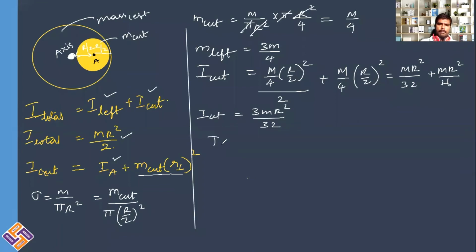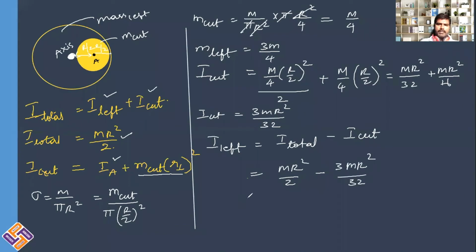Now how to calculate the moment of inertia of the left portion? Moment of inertia of the left portion is equal to moment of inertia of the total minus moment of inertia of the cut portion. Moment of inertia of the total disk is mr square divided by 2 minus moment of inertia of the cut portion, 3 mr square divided by 32. Right?